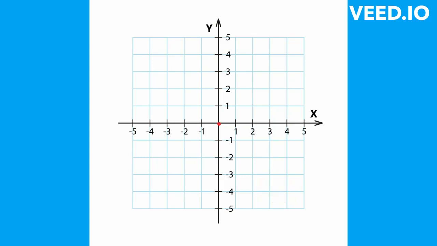Let's take another example. There is a point here. Let's try writing the x coordinate. It is 4 units from the origin on the x-axis, but in a negative direction, backwards. So we should write -4.